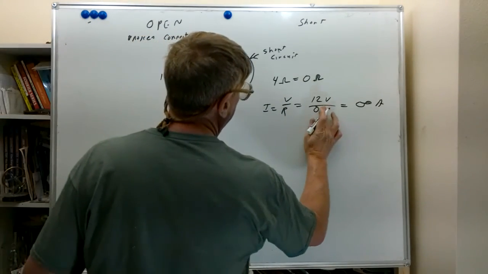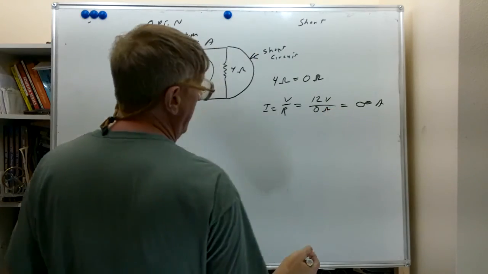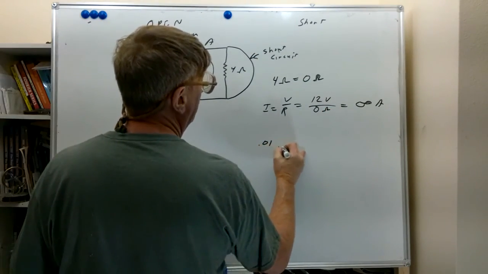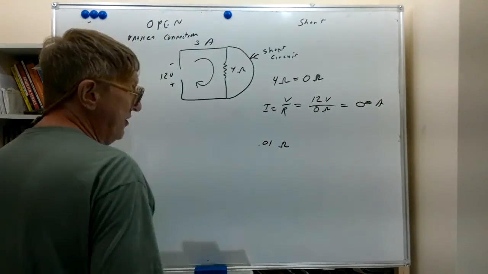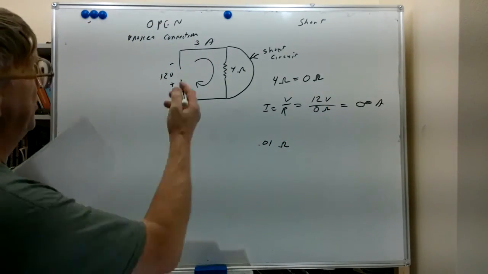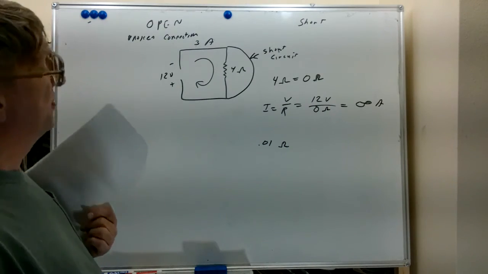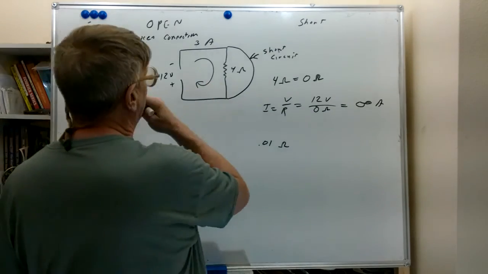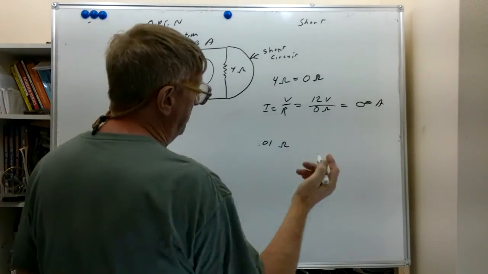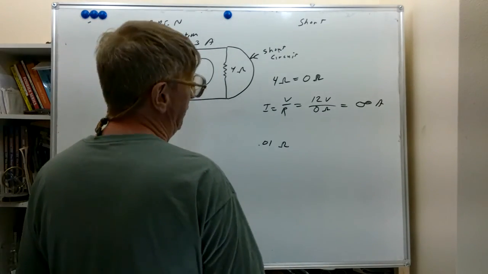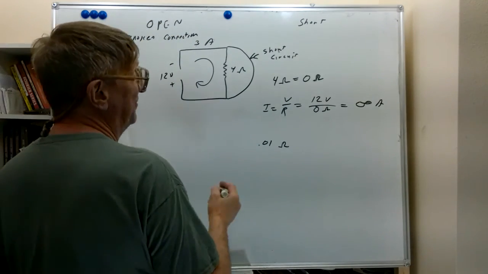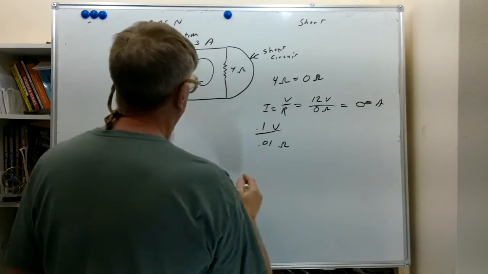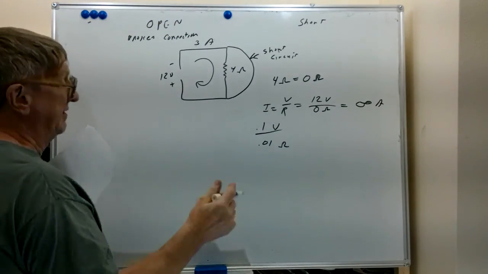This 0 ohms is probably not quite actually 0. Maybe it's 100th of an ohm, 0.01 ohms, which is pretty low compared to 12, or compared to 4 ohms. That's 1/400th of it. So our current would want to go up 400%, which would be like 1200 amps. It can't do that, so maybe we drag the voltage down to 0.1 volts, because that voltage supply can't supply an infinite amount.